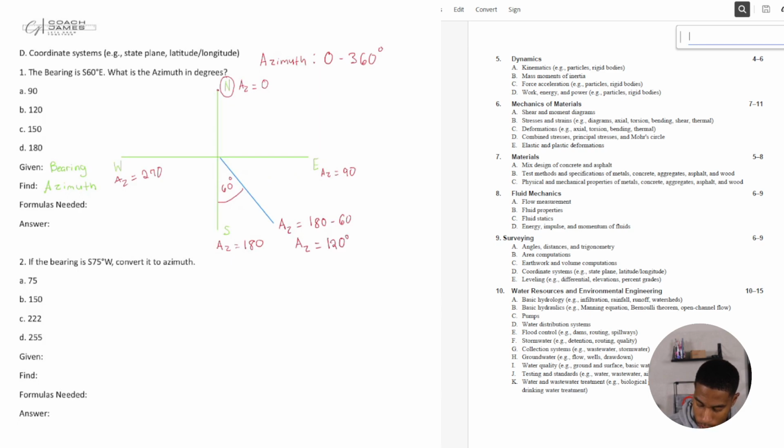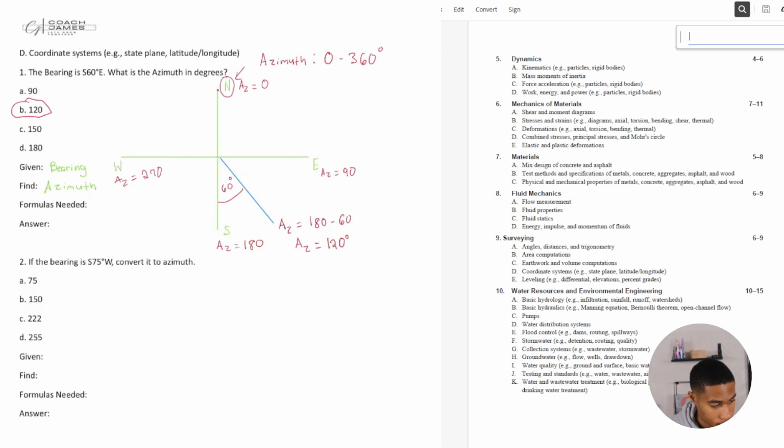So it's 120 degrees from this point. So my answer is B. Just some memory that you've got to know: azimuth always starts at the north, and it circles its way all the way around clockwise. So let's look at number 2.